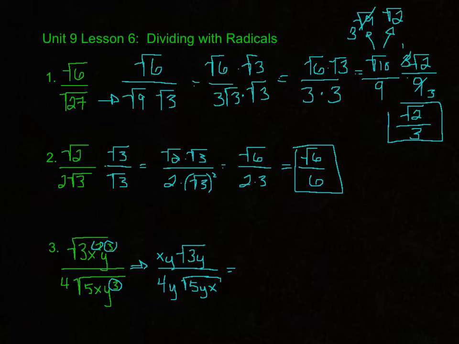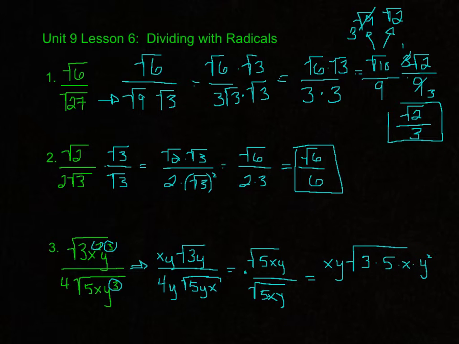I cannot have a radical in the denominator, even if those numbers give me a perfect square, I don't know that for sure the way that they're written. They're unknowns. And so with that, I'm going to multiply everything by that radical. So 5xy over 5 root 5xy actually. And I'm going to be given x, y, and underneath here I'm going to have 3 times 5 times x times y squared.